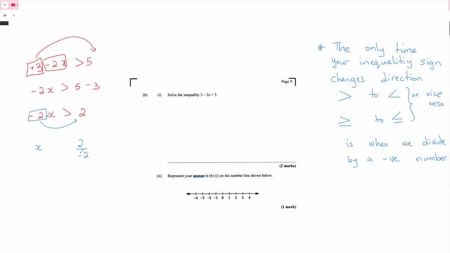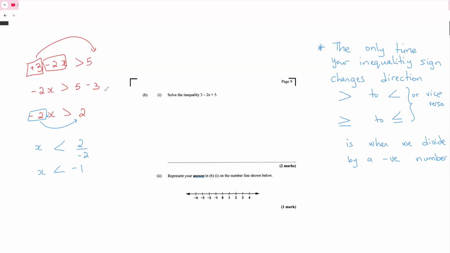And once you divide by a negative number, your sign will flip direction. So 2 divided by negative 2 is negative 1. Right? So that's a rule. The only time it flips is if we divide by a negative number. Otherwise, it stays the same.